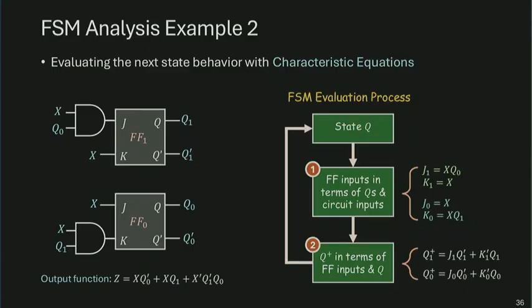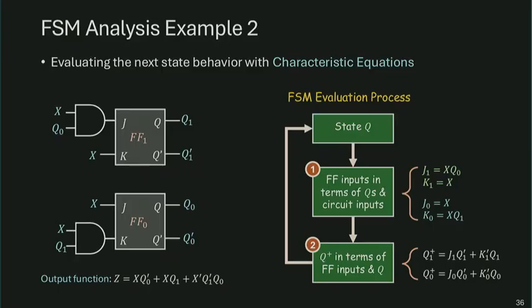Alternatively, we apply Boolean algebra. What do I mean by Boolean algebra? Well, for one thing, these are combinational functions, and they can be represented as an equation, representing the JK inputs based on the current state and the primary inputs. And then if you look at the characteristic equation of the flip-flop, it describes the next state in terms of the flip-flop inputs and also the current state. So again, we're doing some substitution.